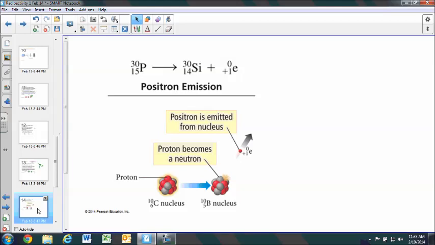So the proton somehow can get rid of the positive charge, keeping the mass, so whatever the proton is retaining, it will become a neutron, right? The new atom will just have fewer protons. From 6 it went to 5, but the same mass, because the mass is protons plus neutrons.